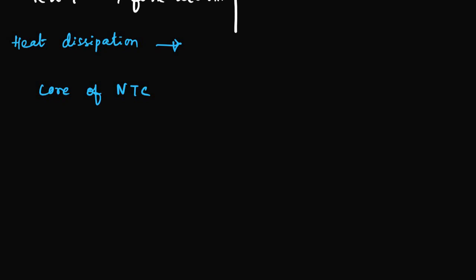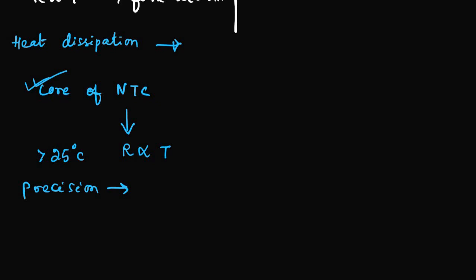If that happens, so that core will be heated, and after the temperature is greater than 25 degrees Celsius, the core of NTC will also get heated. That means resistance is also being increased as per the temperature. So the precision may be compromised. Maybe the precision will not be there after the core of the NTC will be heated. So the heat dissipation will compromise the precision of the device.